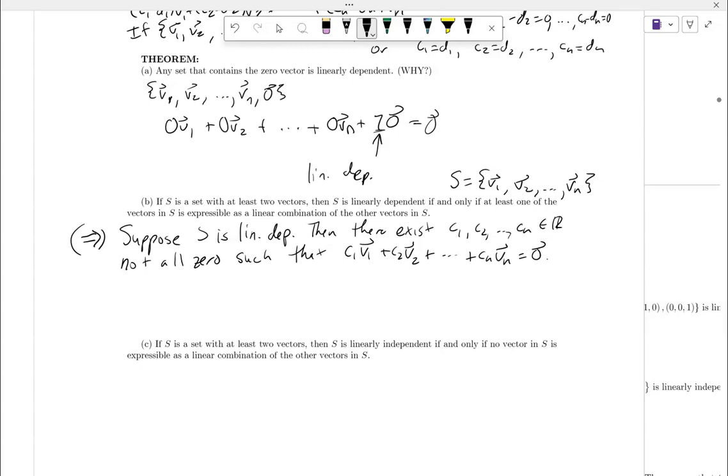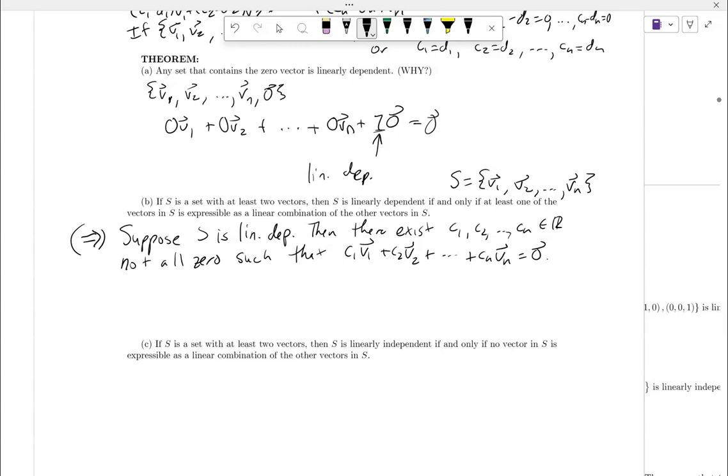Well, let's say Cn is the one that's not zero. Let's think about why it has to be important that the constant is not zero. Oh, yeah, exactly right.